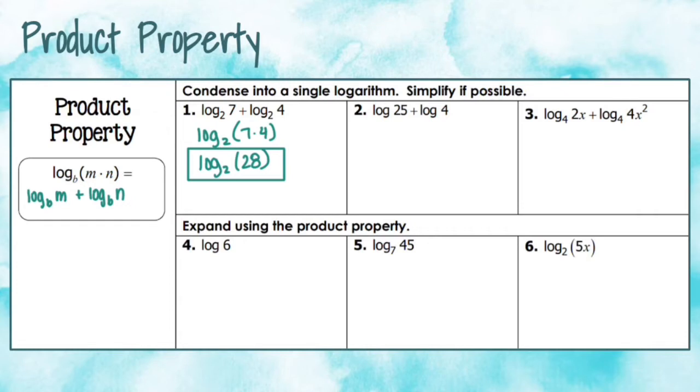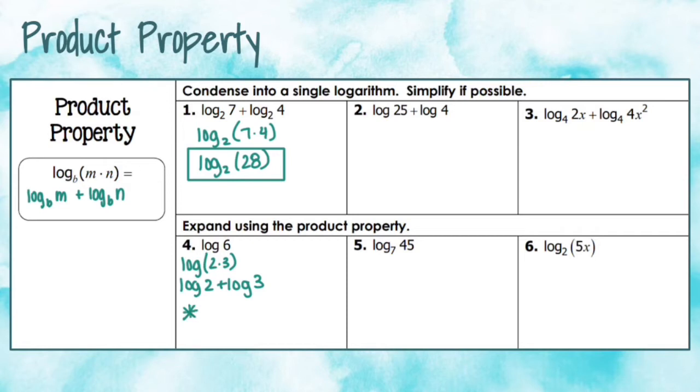So log of 6, remember that no base means base 10. Log of 6 could be equal to log of 2 times 3, which would be log of 2 plus log of 3.